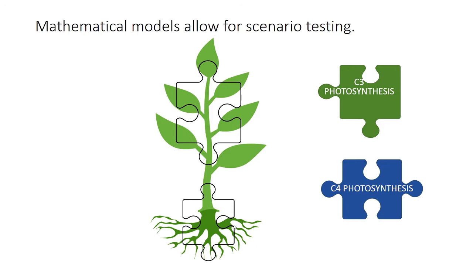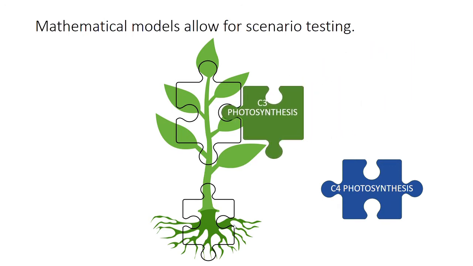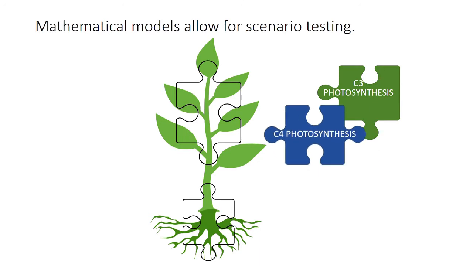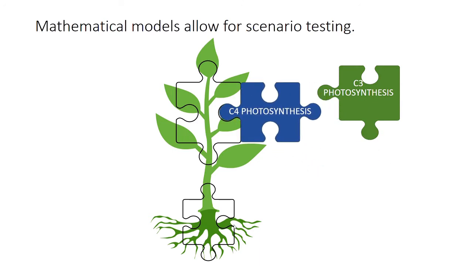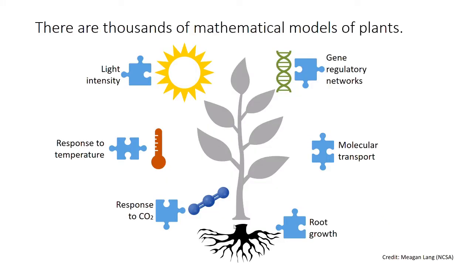So in silico experimentation and discovery allows users to mix and match plug and play modules to identify optimization strategies to improve crop traits, like testing out C3 versus C4 photosynthesis in a crop of interest, or maybe even swapping sorghum roots for maize to see if their deeper rooting profile will improve maize yield. So this component swapping requires a library of models that can be mixed and matched seamlessly to produce believable biological data.